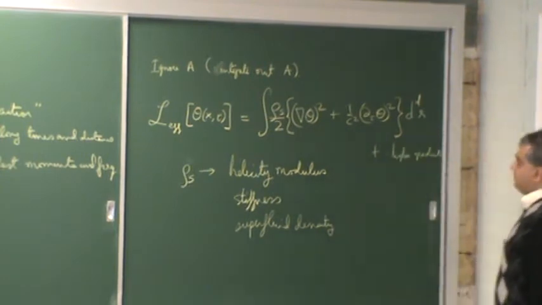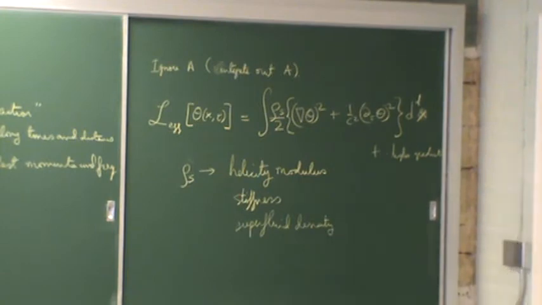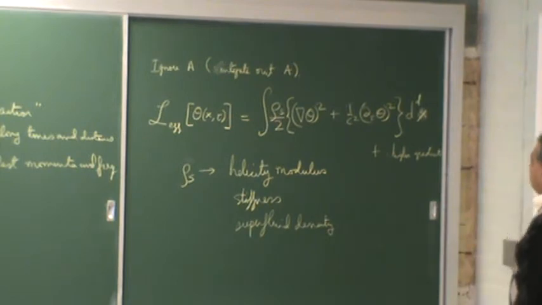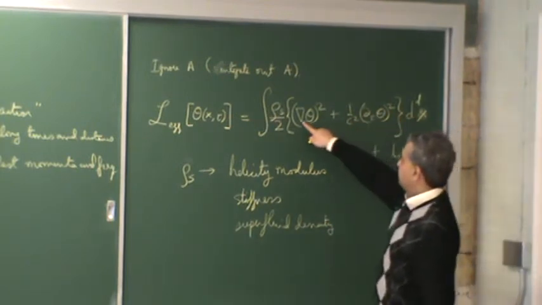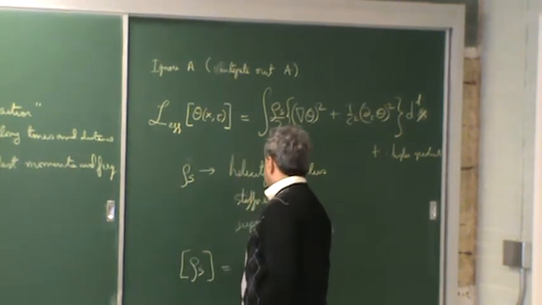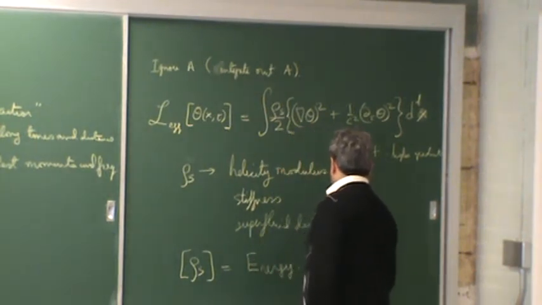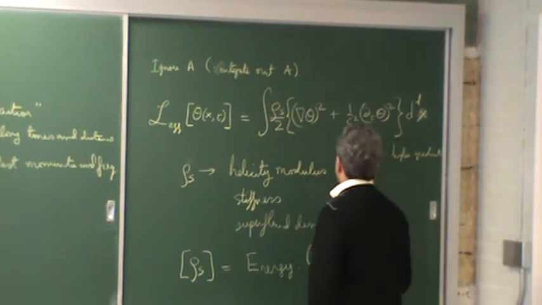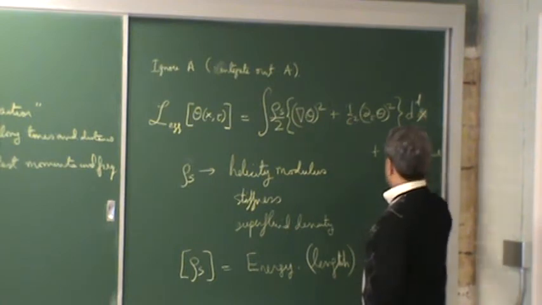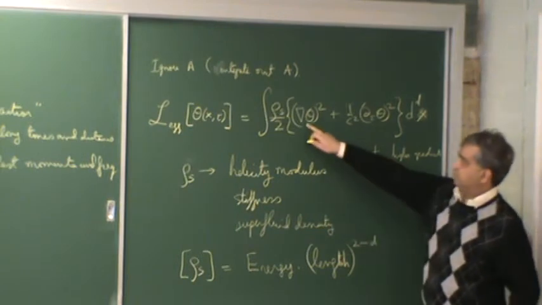Right, so now it makes sense. We have integrated over space and time, and the Lagrangian is the local energy cost per unit volume per time interval. So now you have two dimensions of space here, two here. So rho s has to have dimensions of energy times length to the 2 minus d, where length to the d is the volume. So this will cancel the two gradients here.